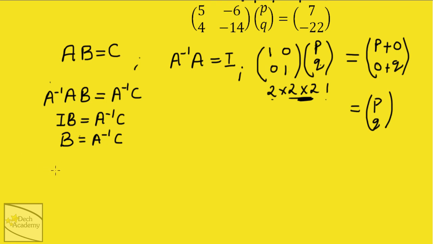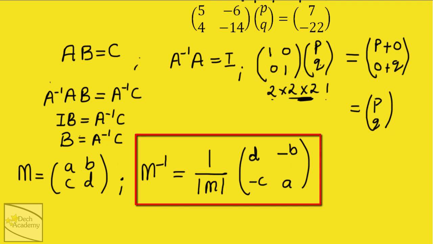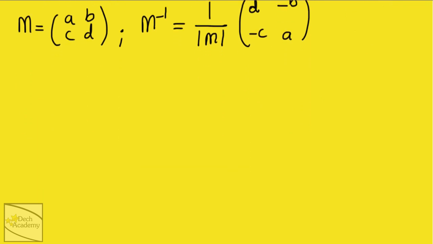So you know that if you have a matrix of the form A, B, C, D, so I'll call this matrix M, the inverse of such a matrix is simply given by 1 over the determinant of the matrix times D, A, then minus B, minus C. So I'm going to apply this to our matrix A. So our matrix A is 5, minus 6, 4, and minus 14.